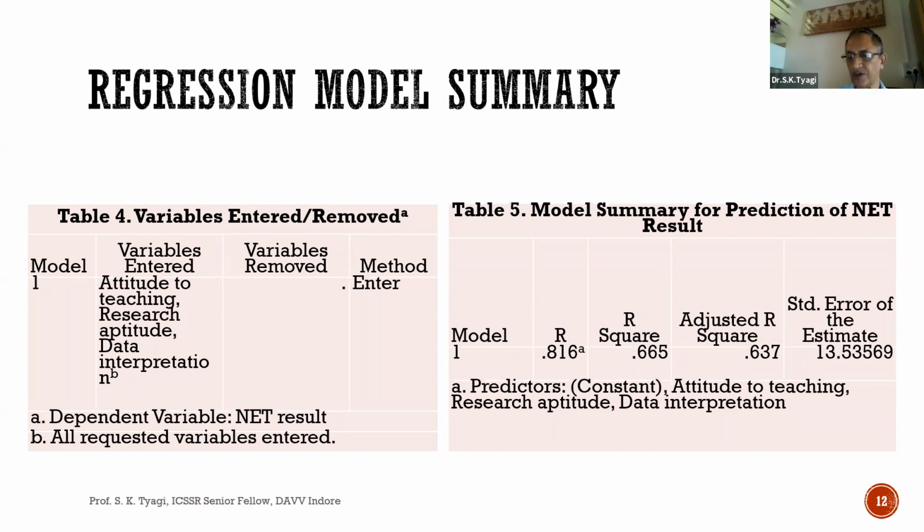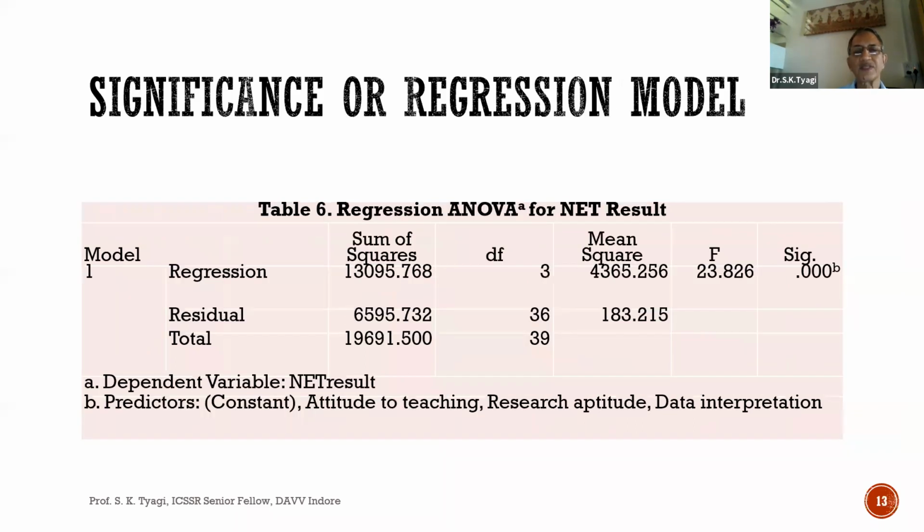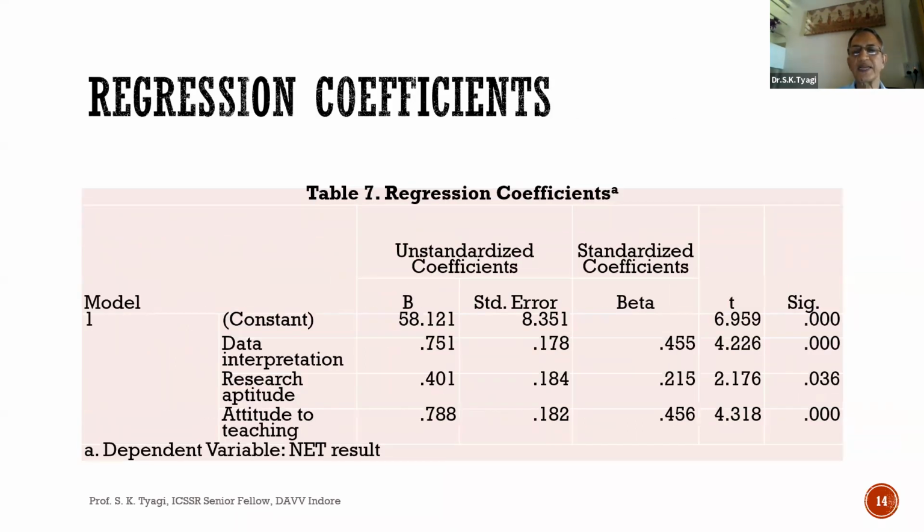It gives you a value of R square. This is regression ANOVA and this is regression coefficient. These are to be interpreted in the same manner in which we interpreted the simple linear regression. The only difference is now we have three predictors and now we have two effects. One is joint effect and second is separate effect.